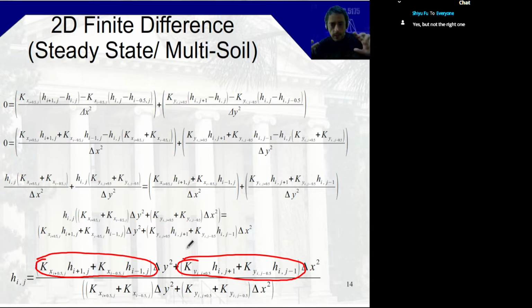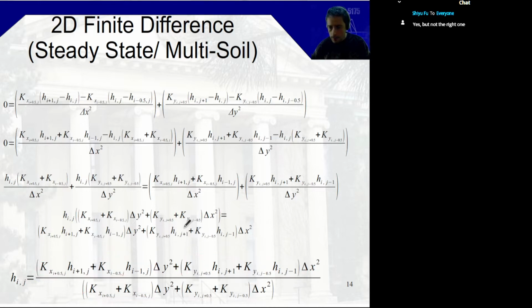So we have the k of neighboring times h of the neighboring values, and then we make that sum and we divide by the sum of k's of the neighbors. Okay, so let's see if we can do that correctly, based on what we had previously established.